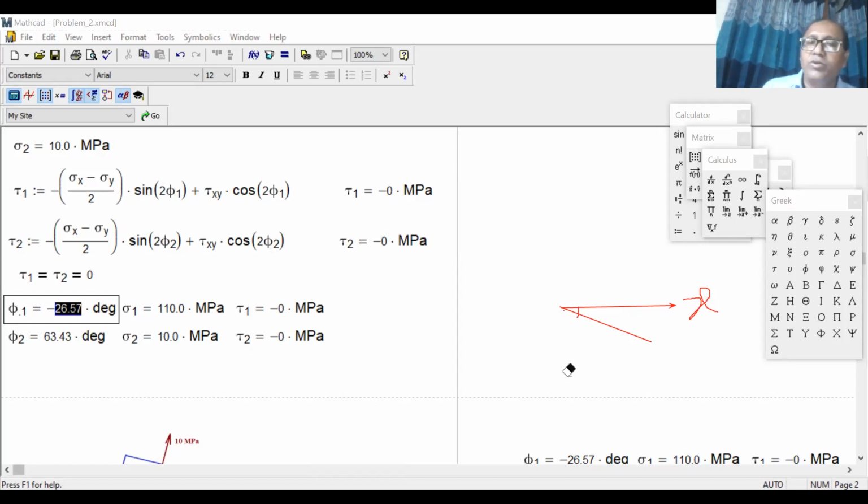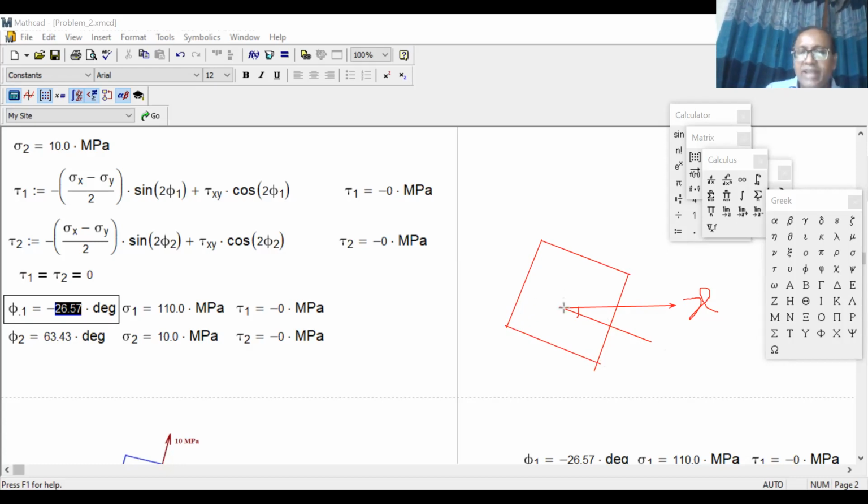Okay. Now what will we do? Remember this angle 26.57. Now I will draw the element. How will I draw the element? I forget about this x-axis. I just make sure this is my x-axis. This is my rotation. Now with this rotation, I will make the square, that plane stress element. And in the exam you will use a scale and pencil.